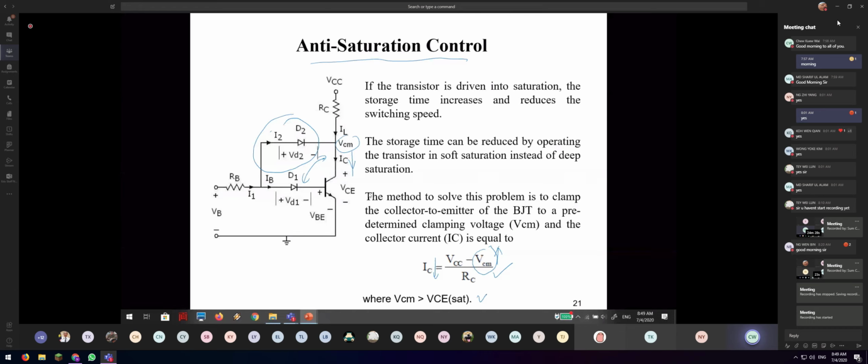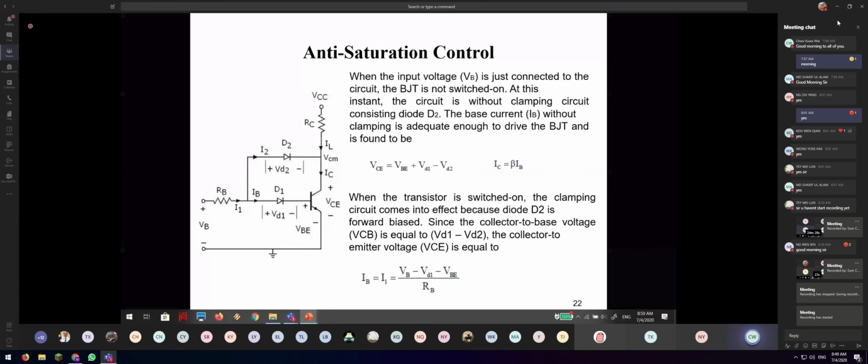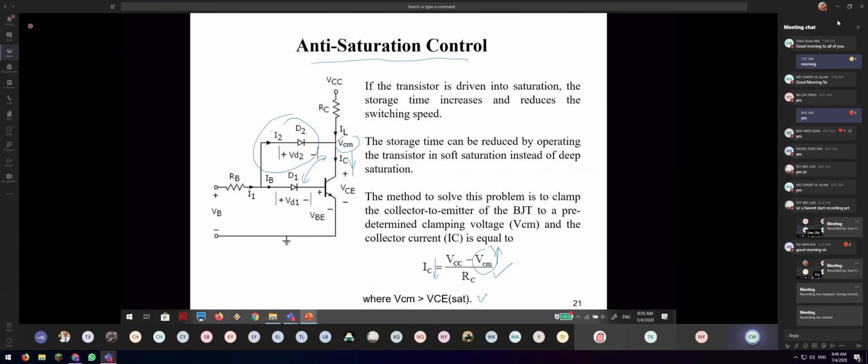It's a clamping voltage. I can limit the voltage to a certain level, so that it won't go into too deep saturation. I don't need to explain in too much detail. Just remember that the purpose of anti-saturation is to avoid the collector current being saturated too much, by controlling it using a clamping mechanism, or clamping voltage, VCM.